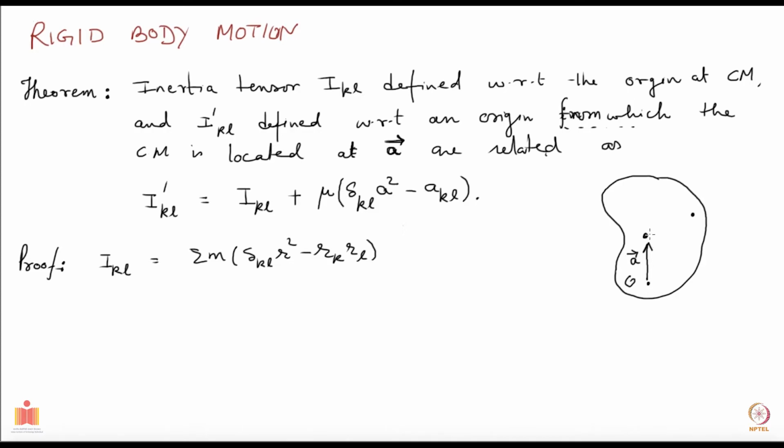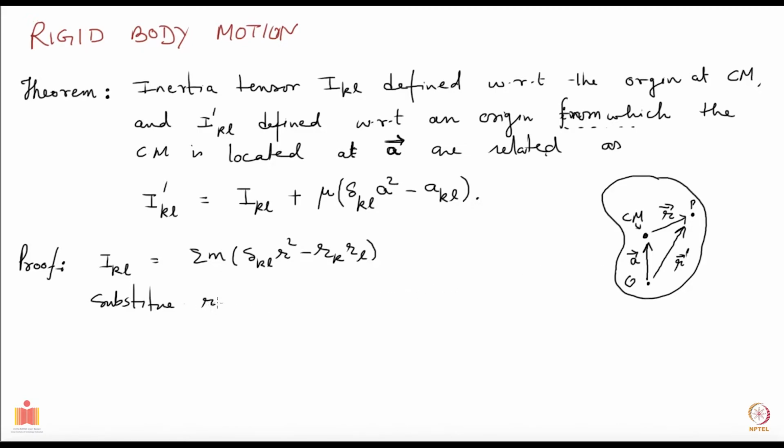With respect to the center of mass, the location of the point P is given by vector r, but the same thing from this origin is r prime. So here is the inertia tensor using the center of mass as origin. Now what you do is you substitute that r is r prime minus A.